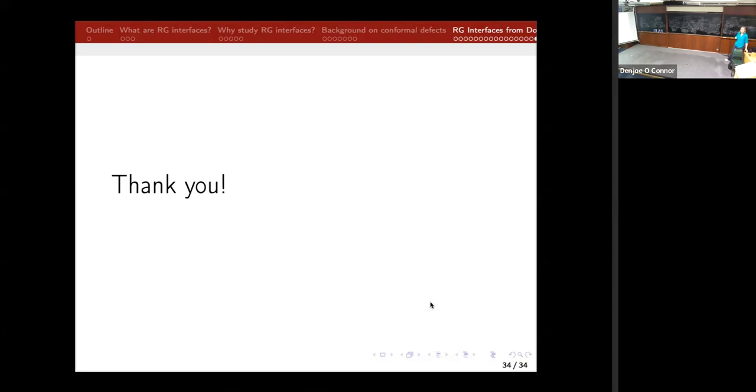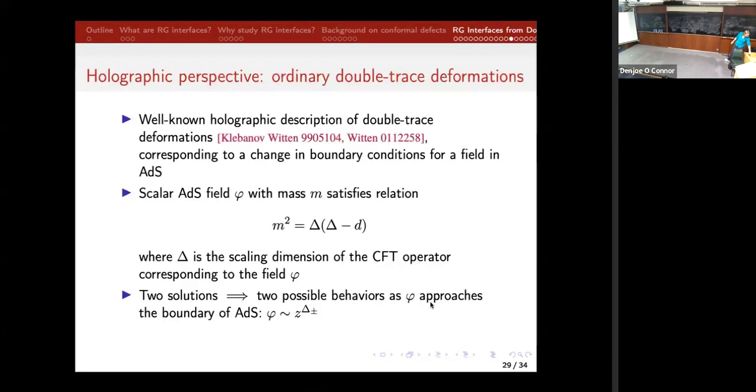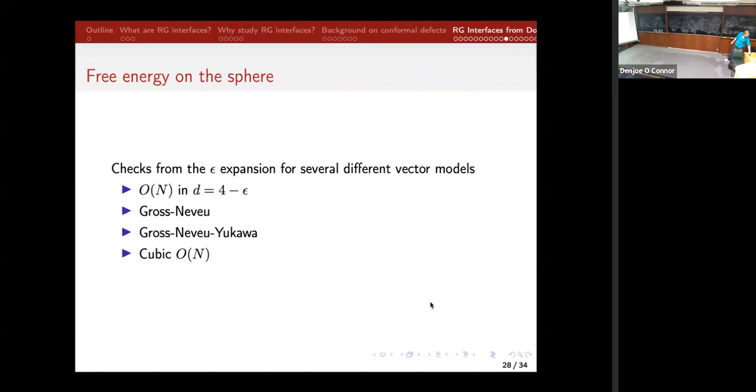Sorry, what were some of the other field theories that you mentioned? O and U. Yes, I kind of glossed over those, but they're like the Gross-Neveu-Yukawa model, which also has a scalar.